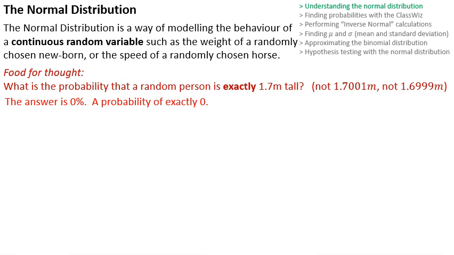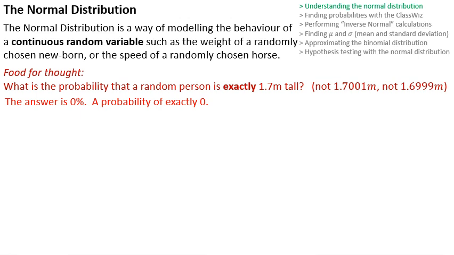We're no longer saying, how likely is it that you roll this particular number on a many-sided dice. We're saying, how likely is it that your height is exactly 1.7 meters when it could have been any number within a range. Even if that range is fairly small, even if you could say that nobody is going to be taller than 2.5 meters and nobody's going to be shorter than 1 meter, well, you've still got an infinite number of possibilities within that range.